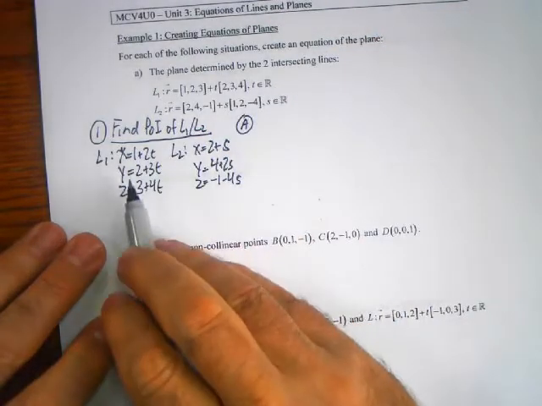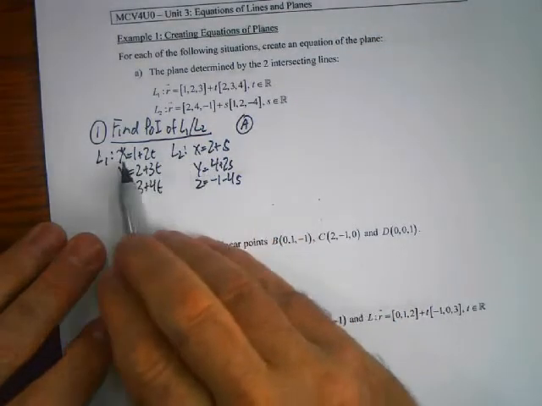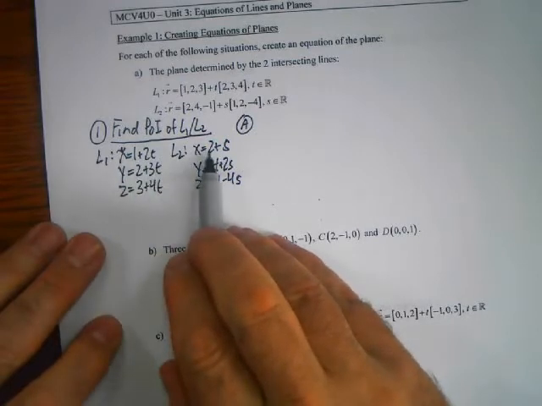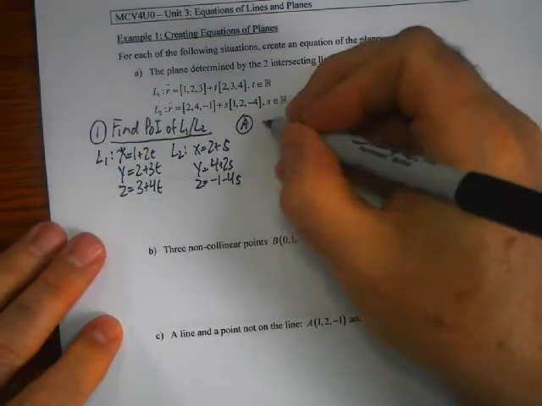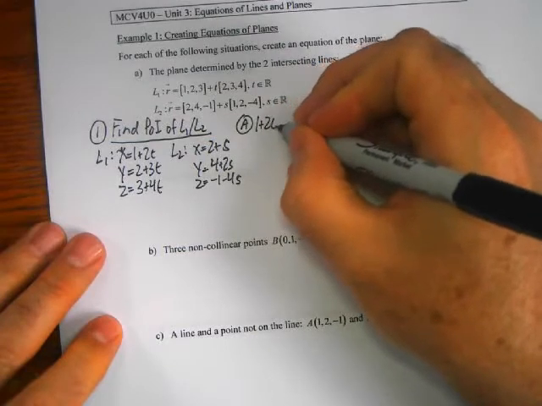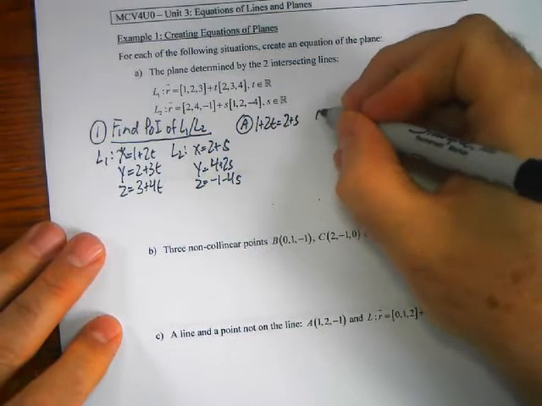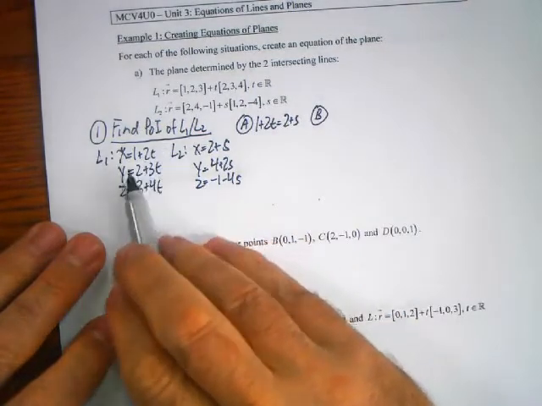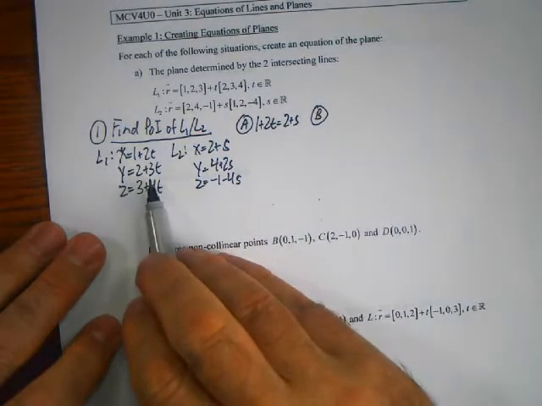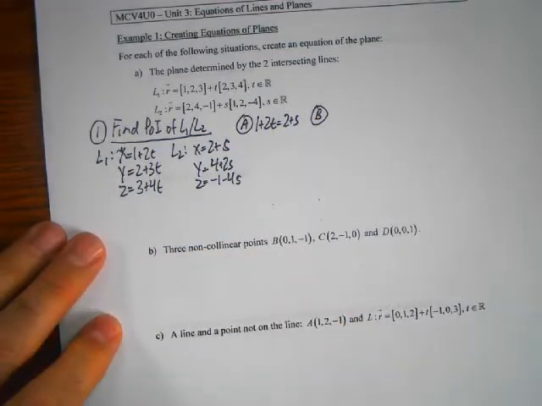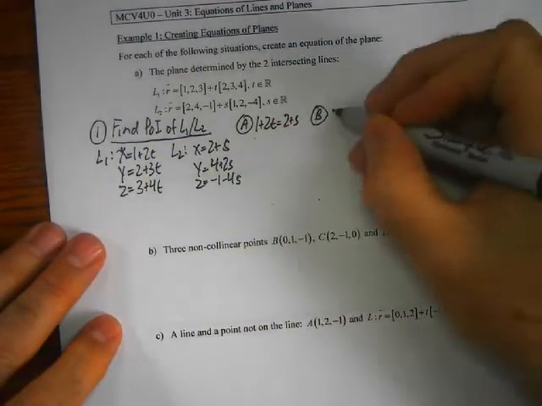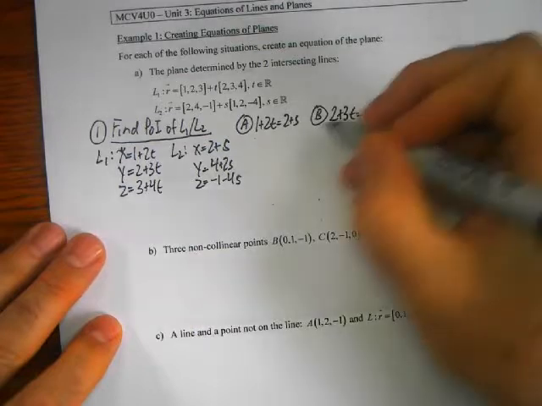If they have a common point, then 1 plus 2t must be equal to 2 plus s. And also at the same time, if we set our y's equal to each other, that means that 2 plus 3t must be equal to 4 plus 2s.